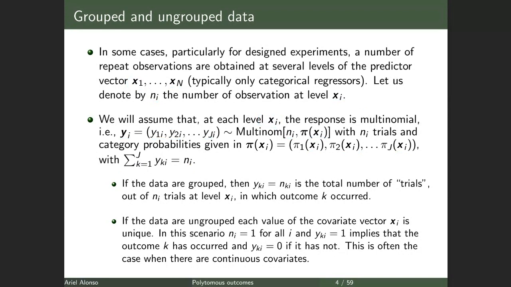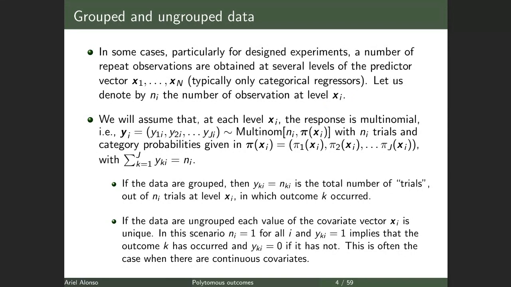Now, if the data are grouped, so for every vector xi you have repeated measurements, ni observations with exactly this level of the covariate, then we say we have repeated measurements at this level.